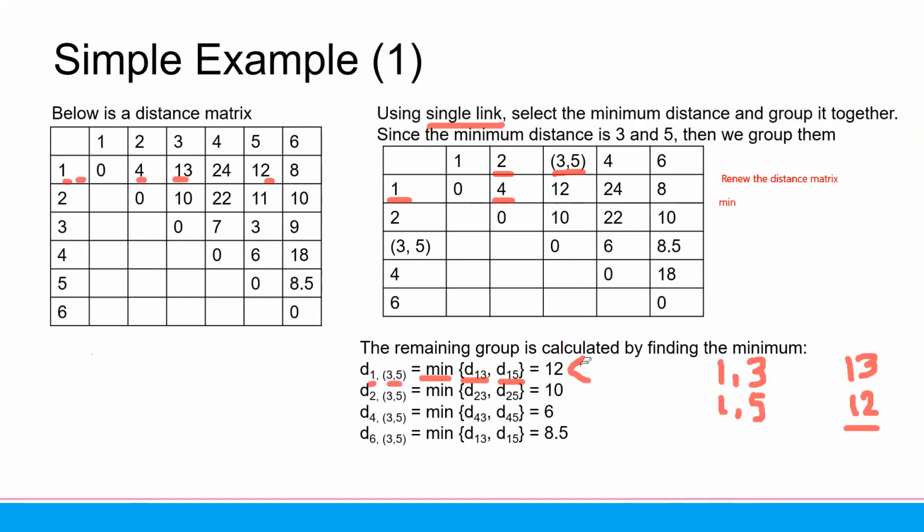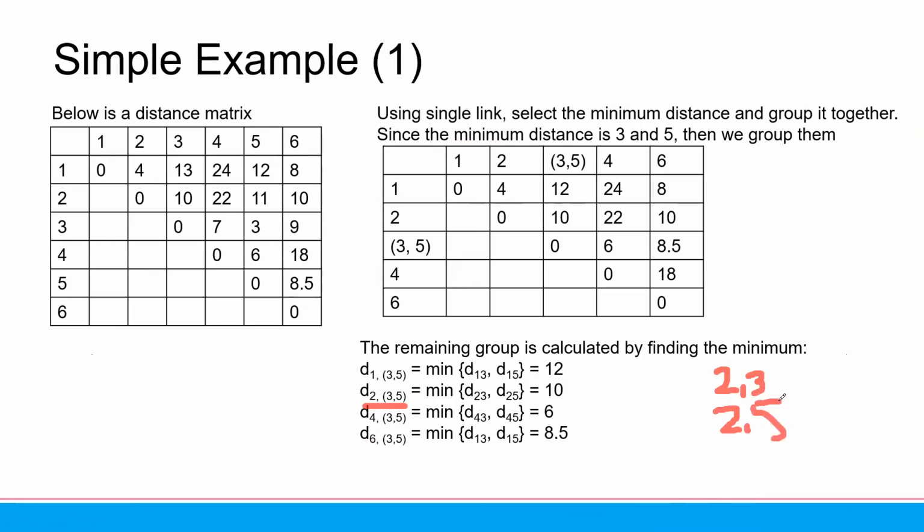Next, we want to check the new distance between 2 and 3, 5. Then we will check the distance 2, 3 and 2, 5. What is the distance between 2, 3?